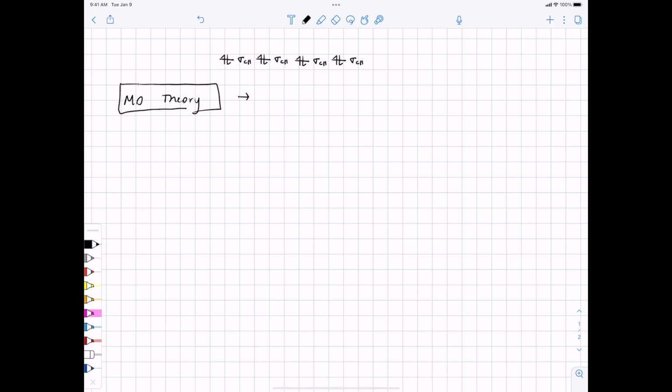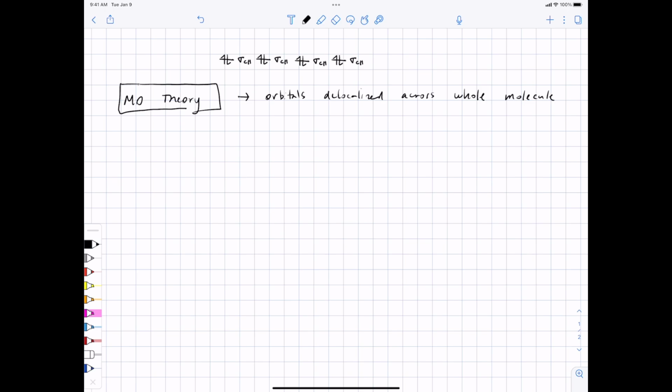So in molecular orbital theory, we drop the concept of bonds and we think of a molecule as having multiple molecular orbitals. These are orbitals that are delocalized across the whole molecule. And there's a set of rules for making these, which we don't need to go into.